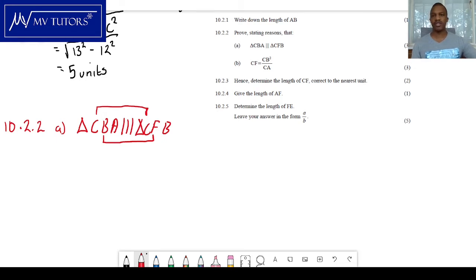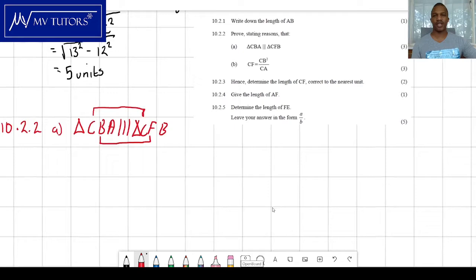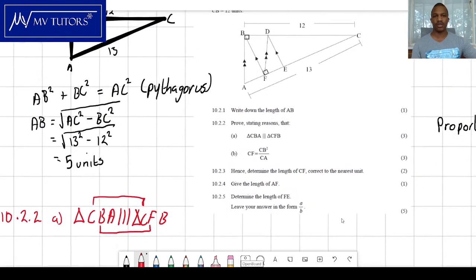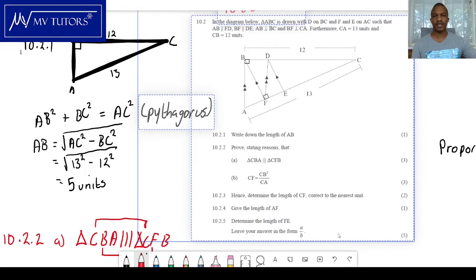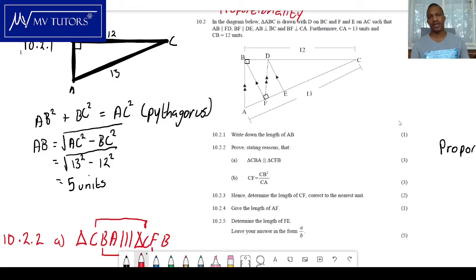Let me just take these triangles that they are actually talking about. If we look at the drawing over here, we can see triangle CBA, so that's the big triangle.